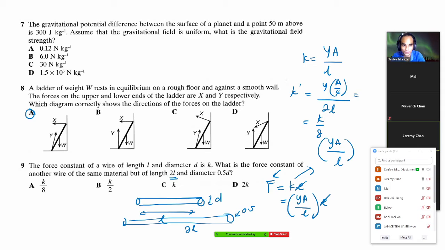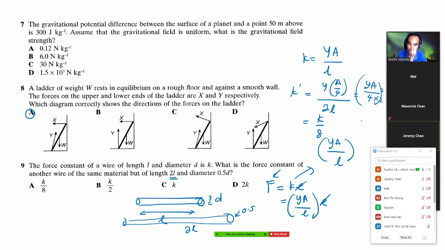So it means that over here you have Young modulus times A divided by 4 times 2, times 2 there.